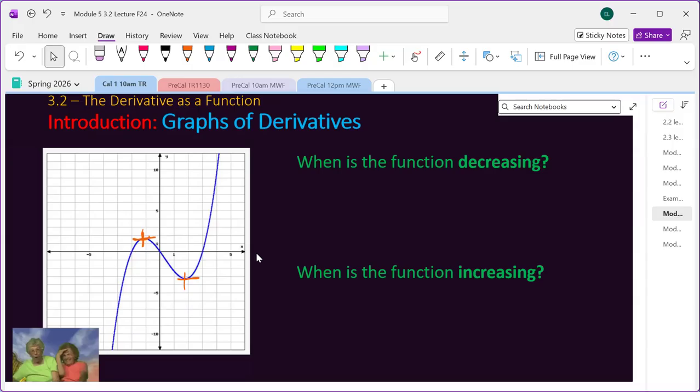But when we say a function is increasing, what does increasing sound like something's doing? Increasing means things are getting bigger, right? They're going up. When we talk about a graph going up, I think of it like a roller coaster track.